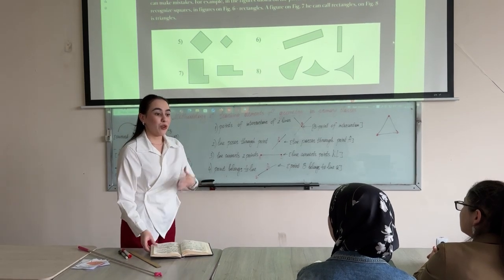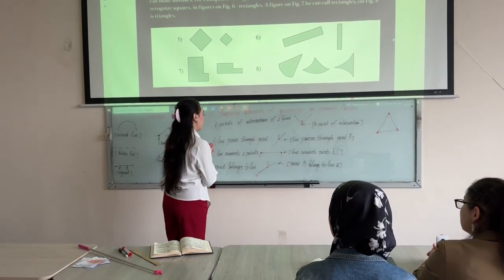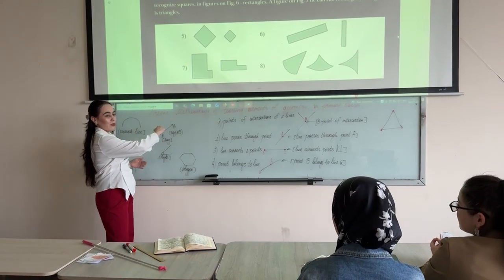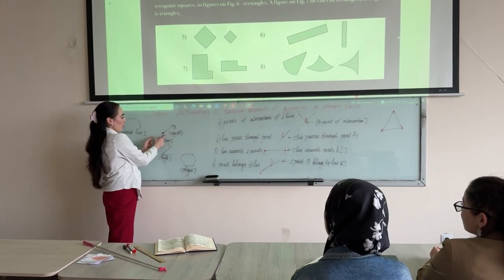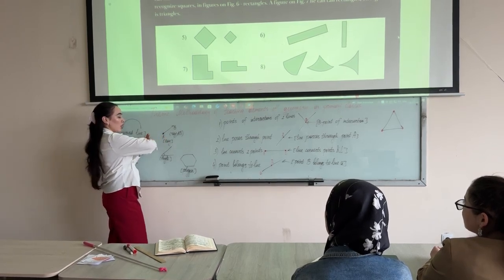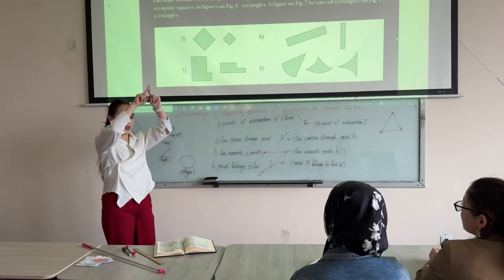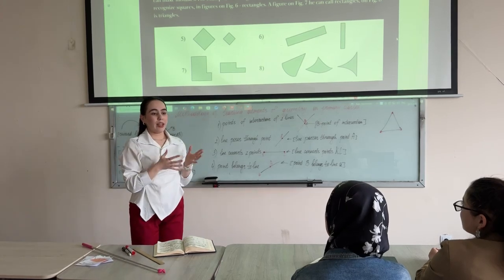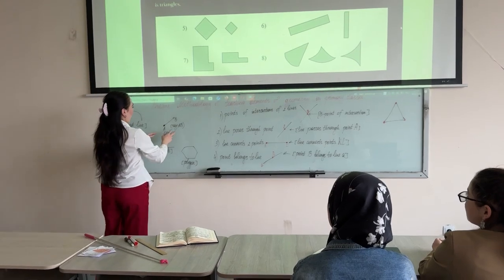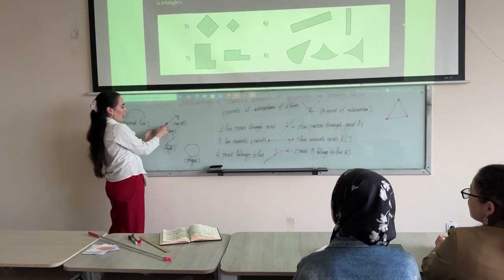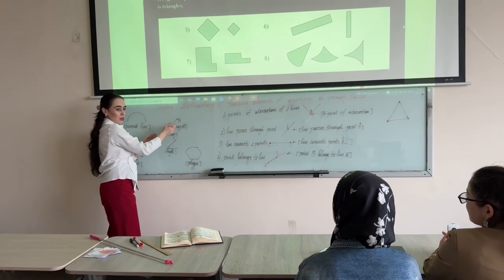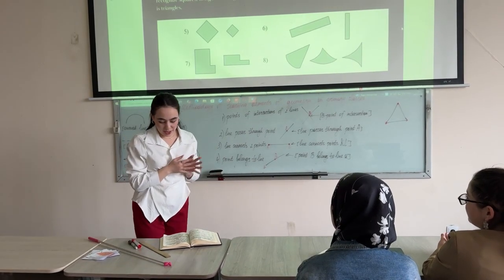Also we have rays. A ray has just one point at its beginning, but it doesn't have endings. We have a point A which begins our line, and from this point you can make a straight line, and it will be called a ray. Here we have ray AB. It begins at point A and goes toward B. It's a ray because it doesn't have endings.